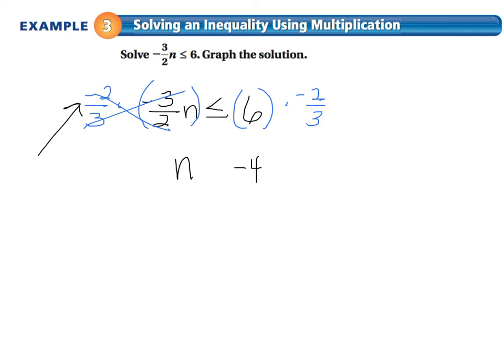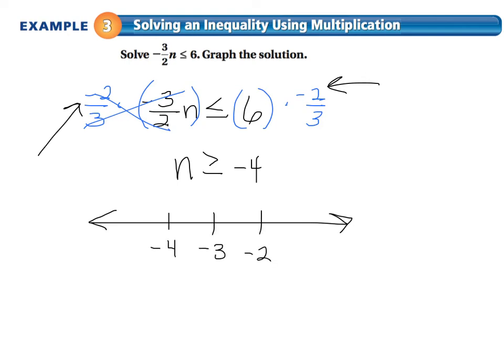Because the number that you multiply both sides by is negative, your inequality symbol must be reversed. So the less than or equal to becomes greater than or equal to. And if you graph it, it would be a closed circle on negative 4 because it is a solution, and since it's greater than, everything to the right of negative 4 would be graphed.